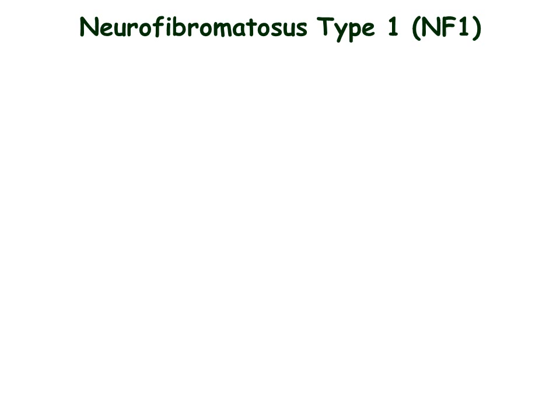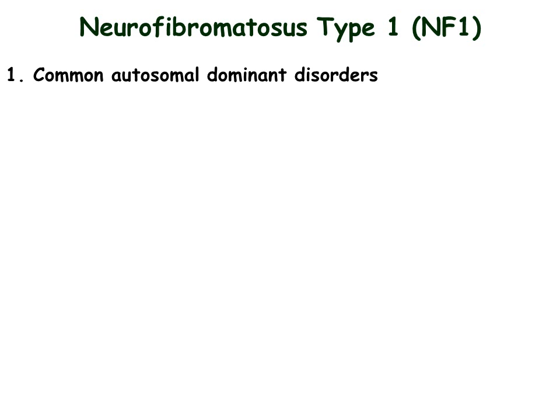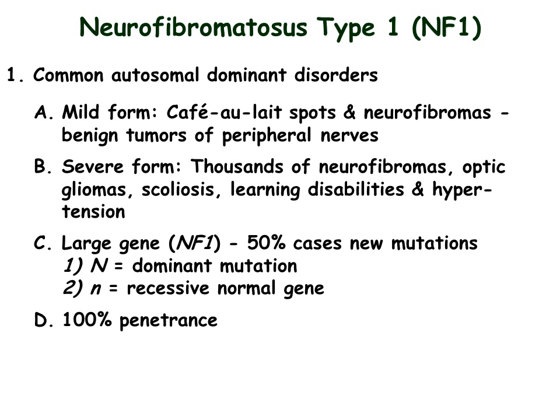Well, let's look at an example: neurofibromatosis type 1, or NF1. It's a common autosomal dominant disorder. A mild form is just the cafe au lait spots and a few little neurofibromas, which are benign tumors of the peripheral nerves. For the severe form, everybody thinks of the Elephant Man, if you ever saw the movie.